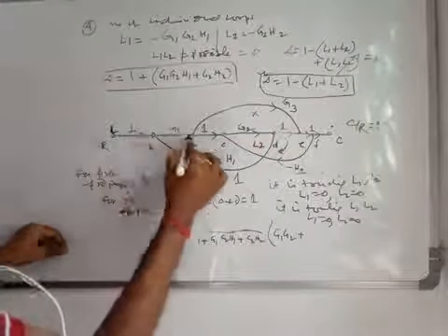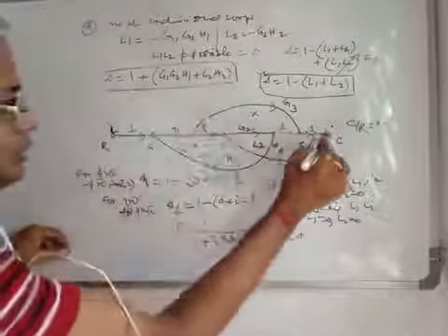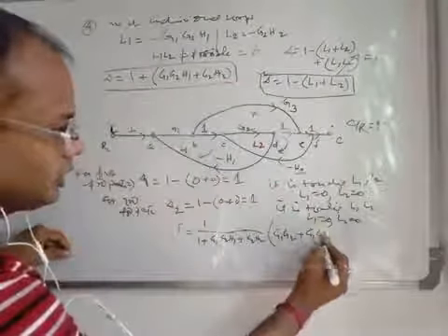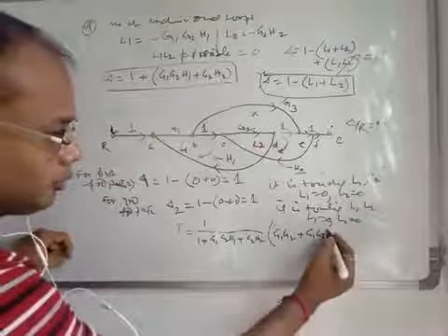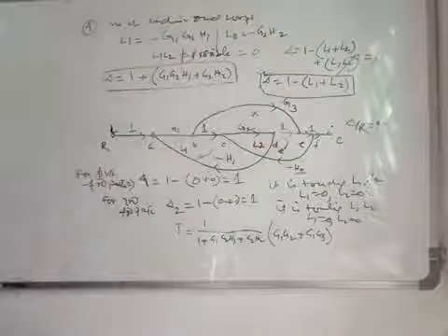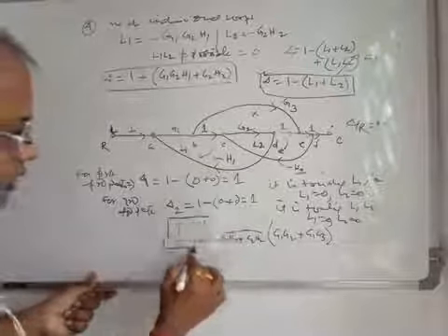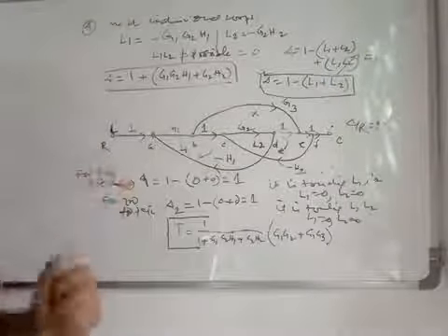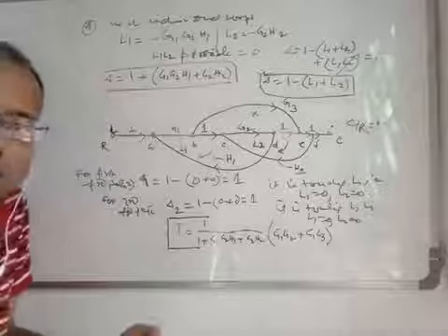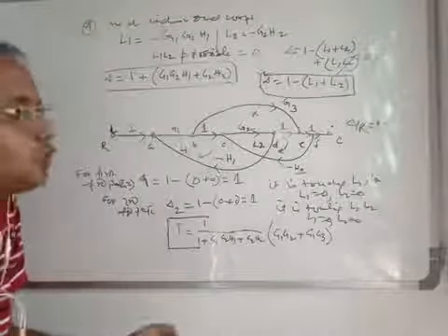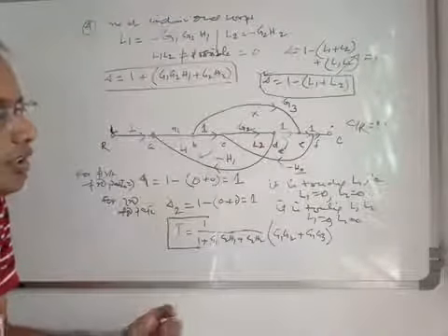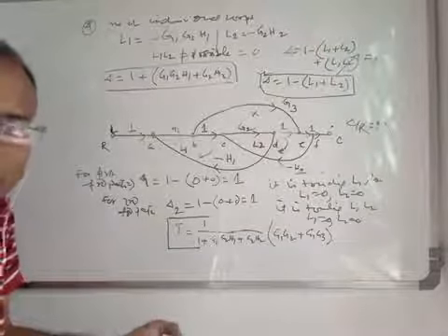P2 is your G1 G3. So G1 G3 into 1, right? So this is your overall transfer function obtained by using the signal flow graph, right? So it is a bit easier to get the transfer function by using the signal flow graph, right?